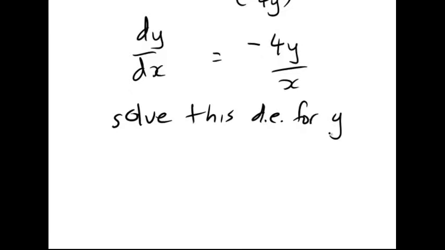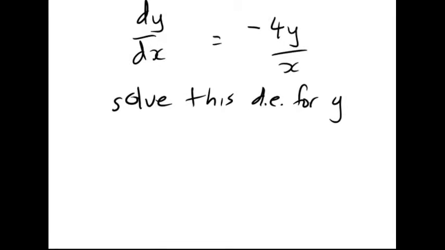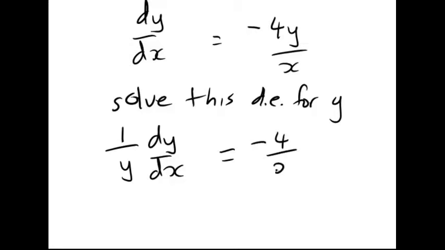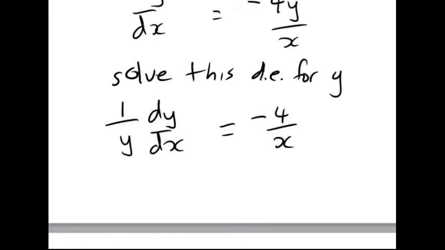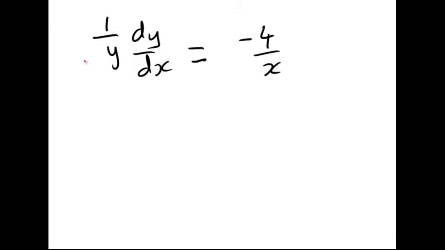Looking at this differential equation, this is first order because that's a first order derivative, and we can see it's separable because we can rewrite this as 1 divided by y, dy dx, if we divide both sides by y, equal to negative 4 divided by x. And from here we can then integrate both sides with respect to x.